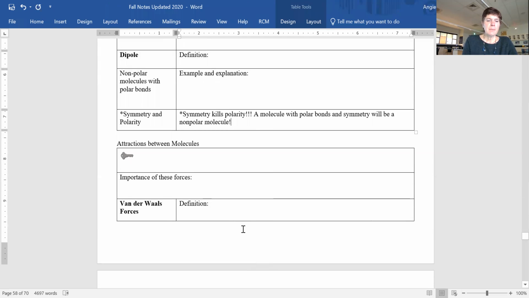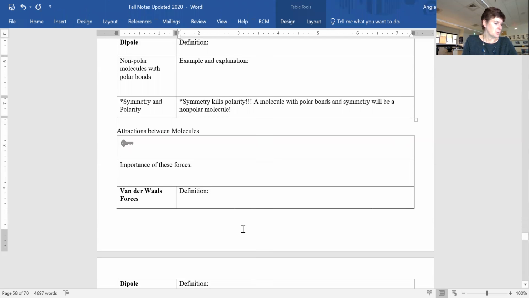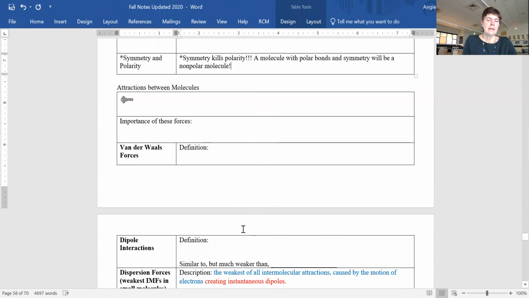Next up, let's talk about attractions between molecules. These attractions between molecules, in your key it says these are intermolecular attractions, are going to be weaker than either ionic or covalent bonds, and that's true because these are partial charge attractions, so they're not going to be like an ionic bond, and they're certainly not going to be like a covalent bond.